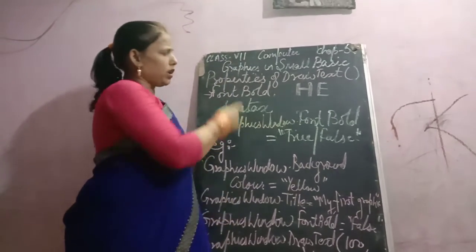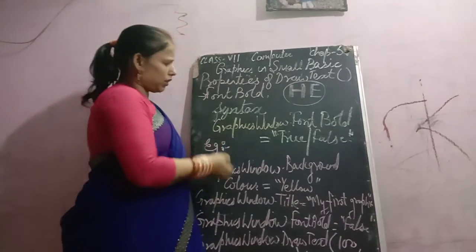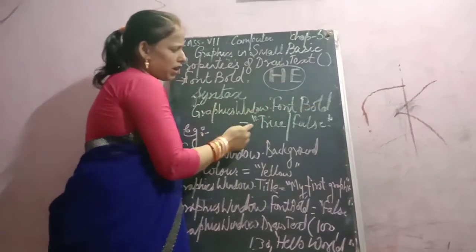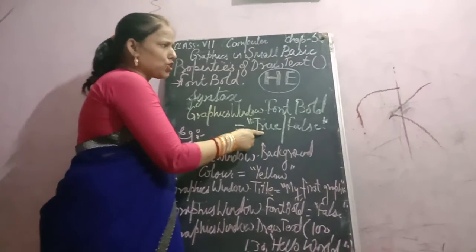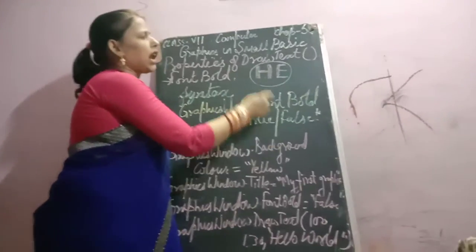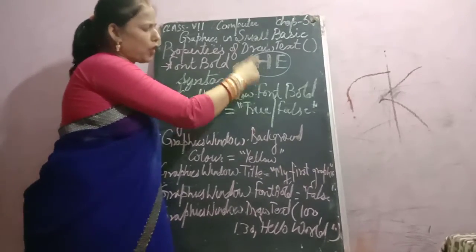So for giving this bold command, the syntax is graphics window dot font bold equal to true or false. You have to give only one. If you are giving true, that means it will do the bold. If you are giving false, that means it will not do the bold. It will be in general format.